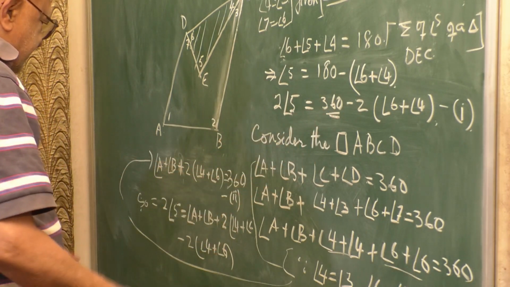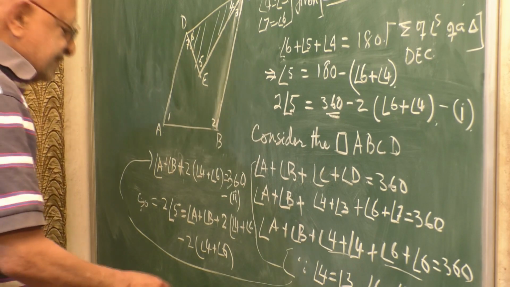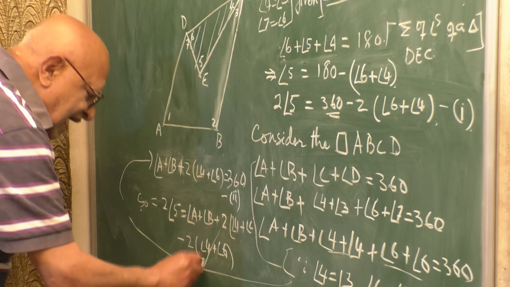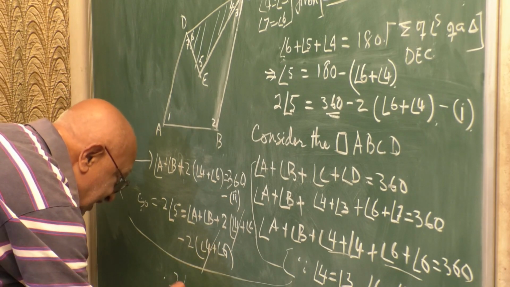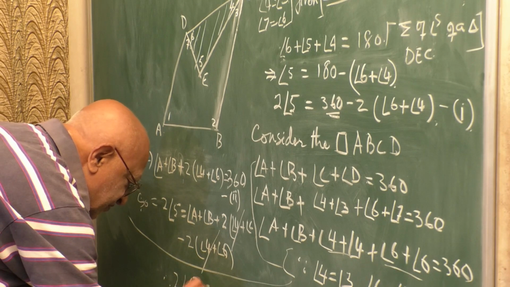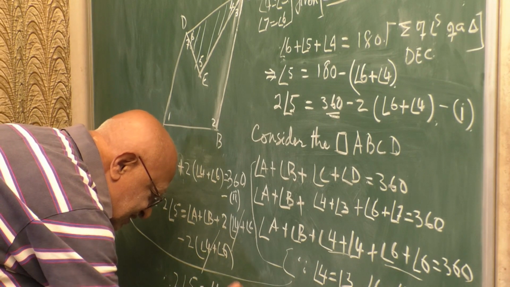So this and this cancel, this one and this one cancel. Therefore, 2 into angle 5 is equal to angle A plus angle B. This is proved.